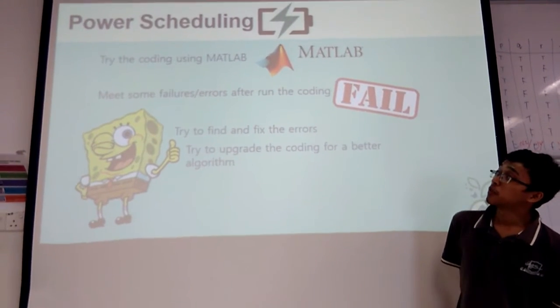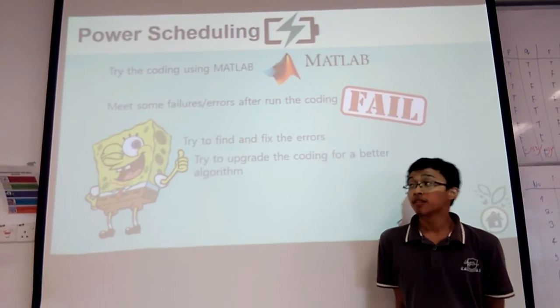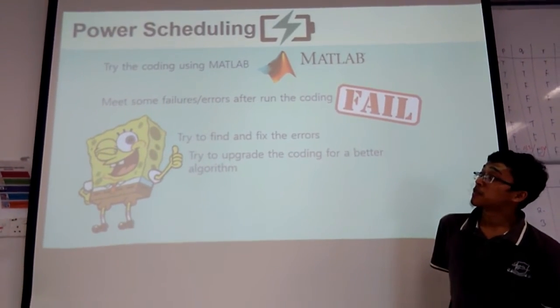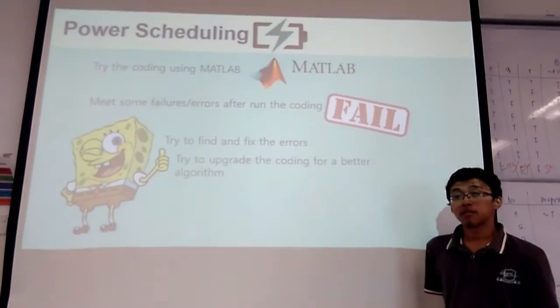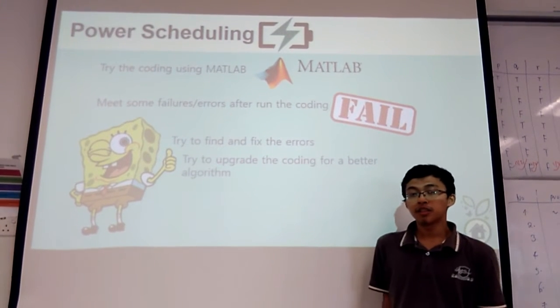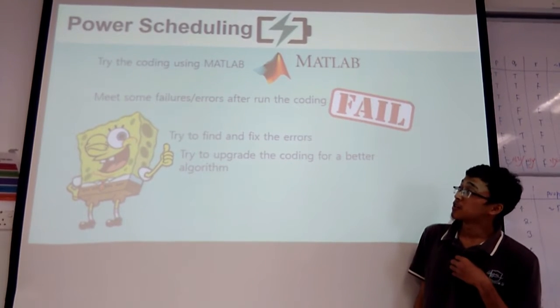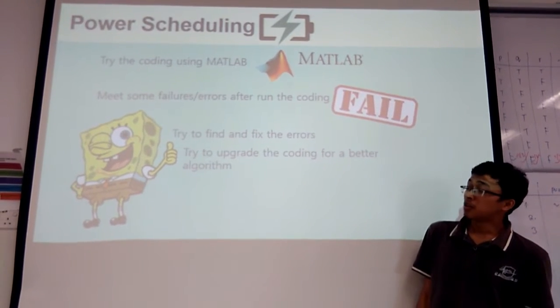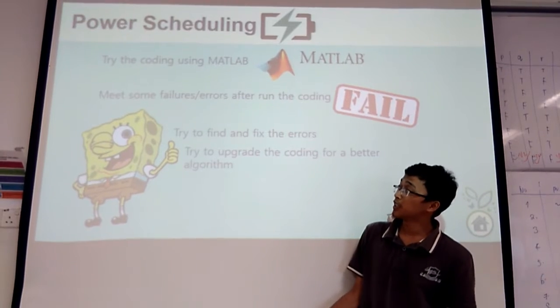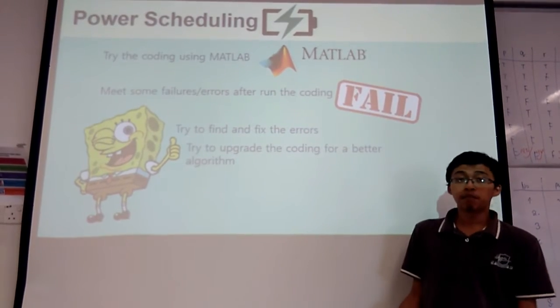For power scheduling, we have tried using coding that we found from the internet. After we tried the coding, we met some failures, which means the coding that ran in MATLAB is not working. So our solution is, obviously, to try to find the errors and fix them if possible.